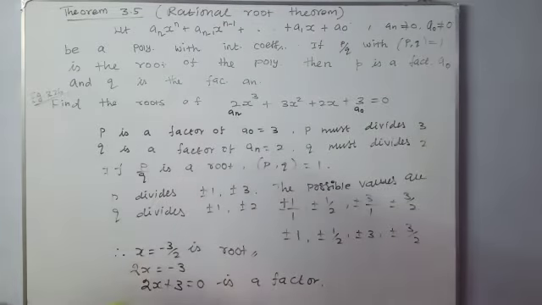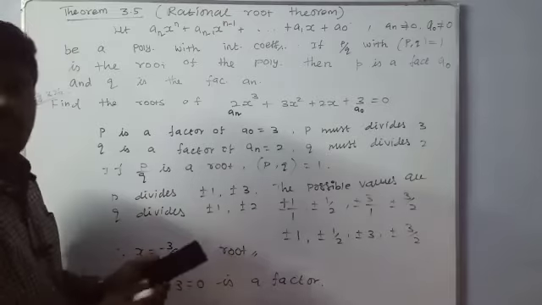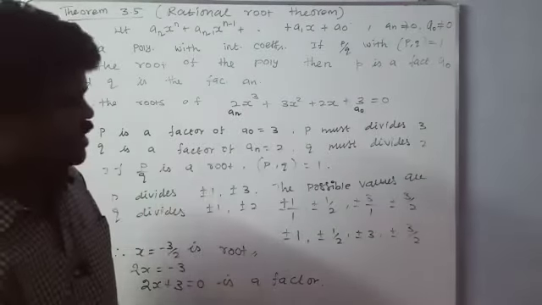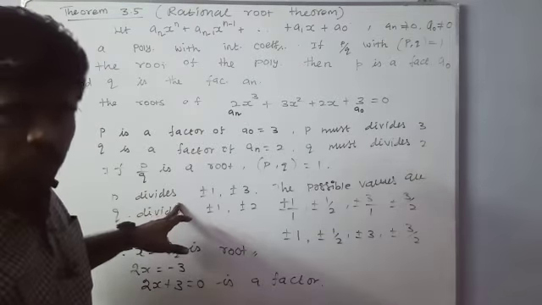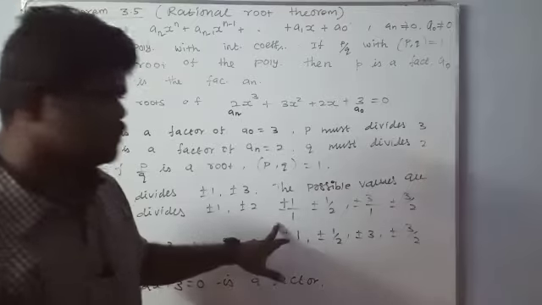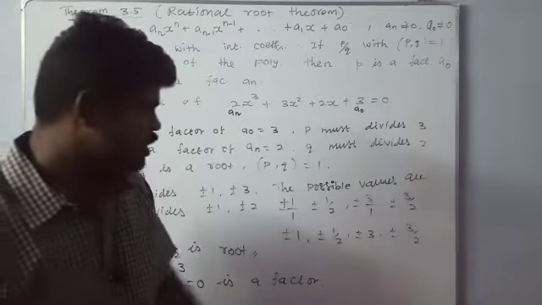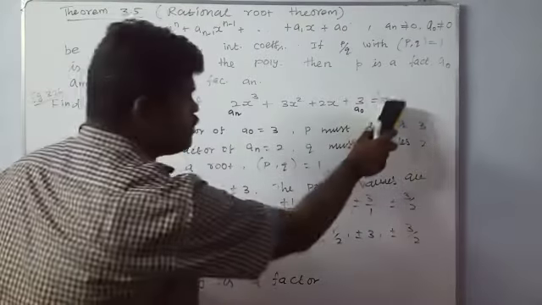Now we want to divide. So this is the use of the rational root theorem. We want to find the divisors, write the p by q form, and these are the possible values, and we check each and every value. Only minus 3 by 2 is satisfied and becomes 0.